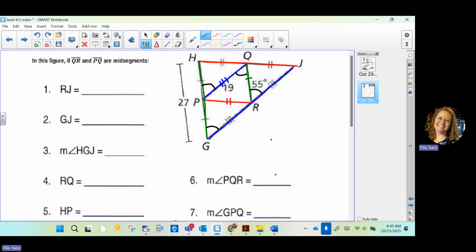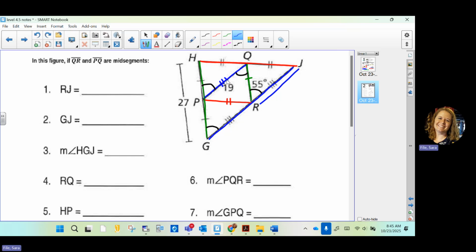All right, so let's see now with what I've marked up on here to help guide me if I can answer all these questions. RJ is here. How long is RJ going to be? It has 3 tick marks. Do any of the other 3 tick marks have a label? This one right here, right?